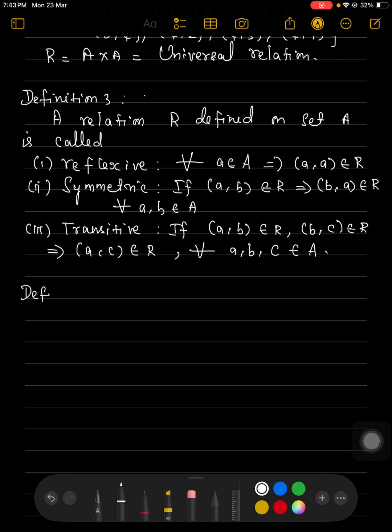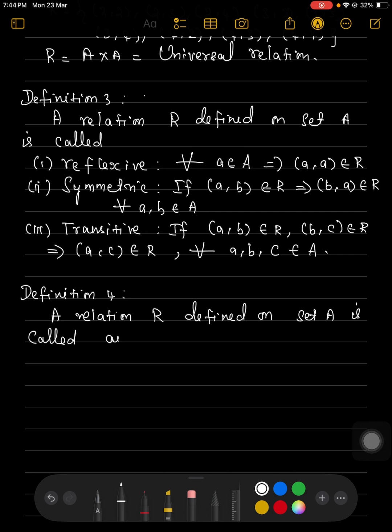Final definition in relations: an equivalence relation. A relation R defined on set A is called an equivalence relation if R is reflexive, symmetric and transitive, whatever we have seen in definition 3.